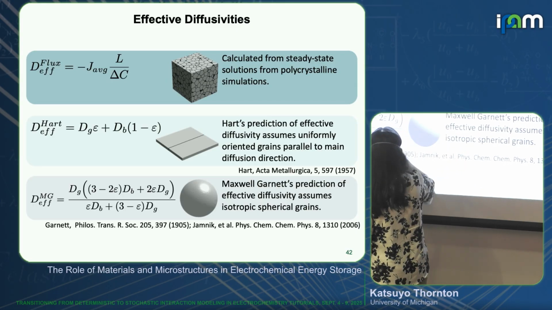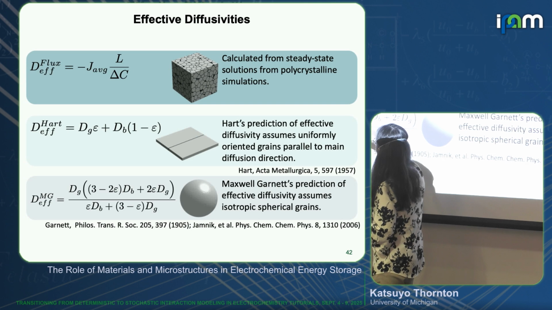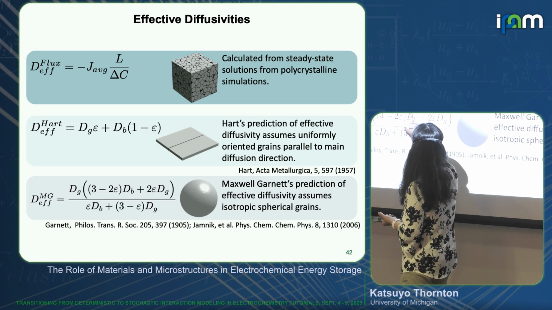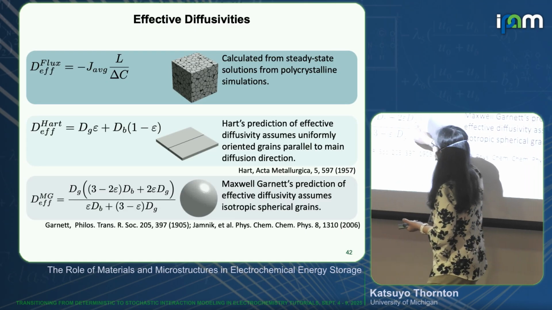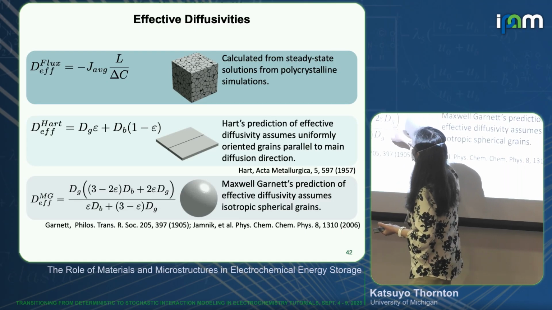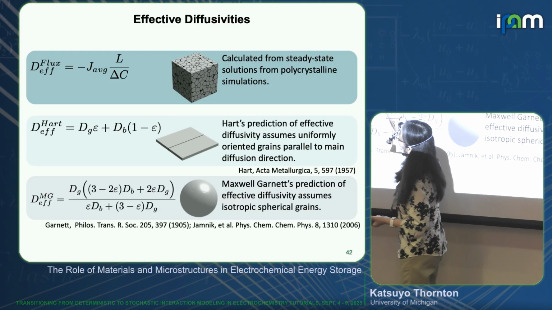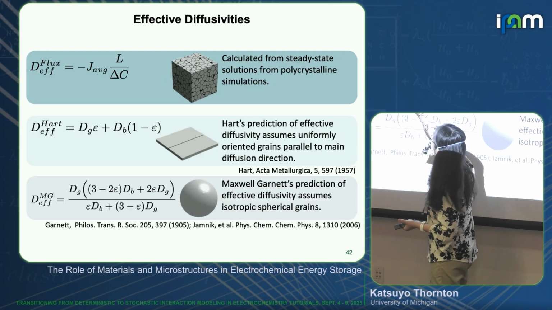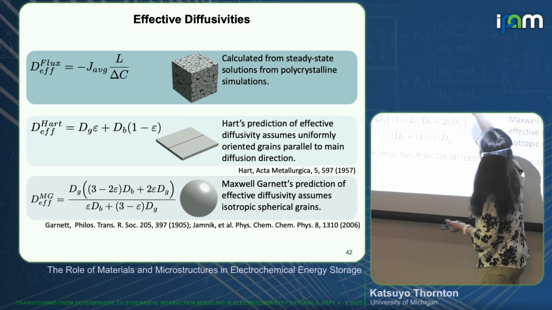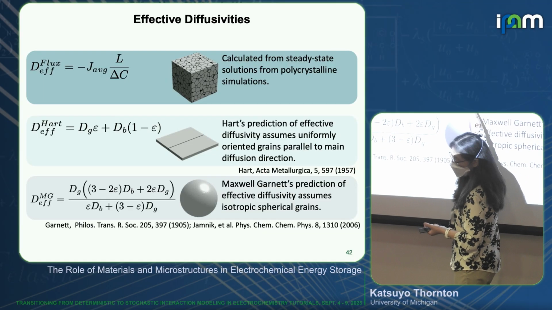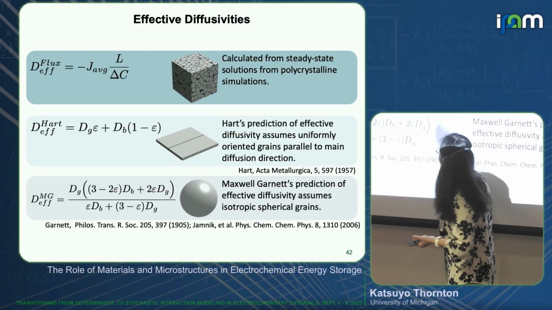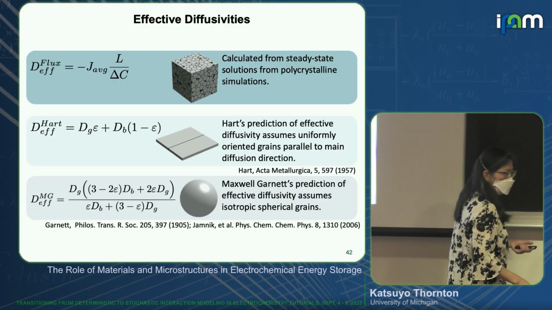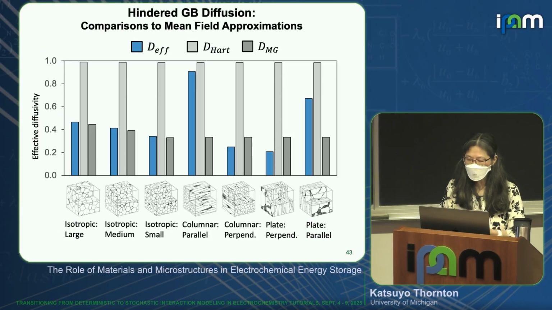Epsilon here is the volume fraction of the grain boundary, and dB is the bulk diffusivity. dG is the grain boundary diffusivity, same here. And then this is basically a root of mixture. So it's very simple, and that just depends on how much of the grain boundary you've got. Here, it's more complex because you have some tortuosity in the system. So here's the result.